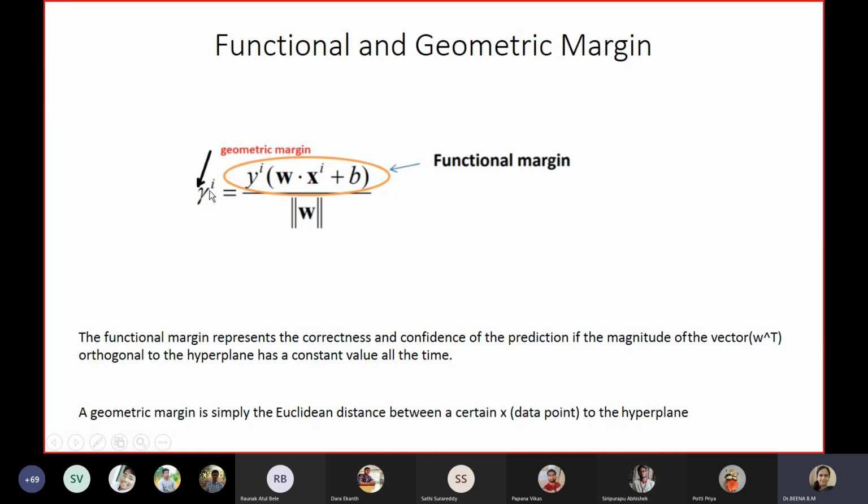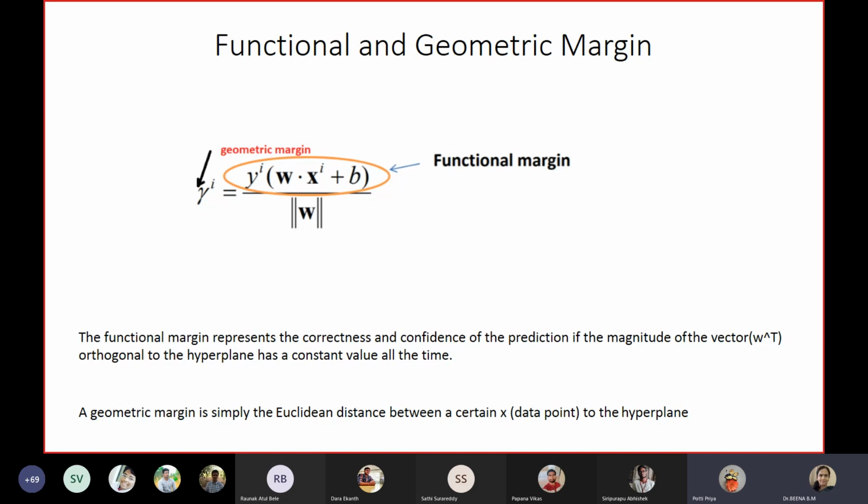If the value of gamma is low, what does it mean? Look at this equation. This is the equation for a straight line, this is the output label, and this is modulus of W. It means the point is lying on the hyperplane.